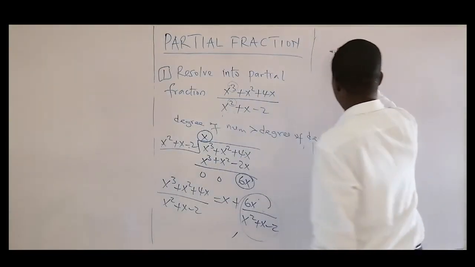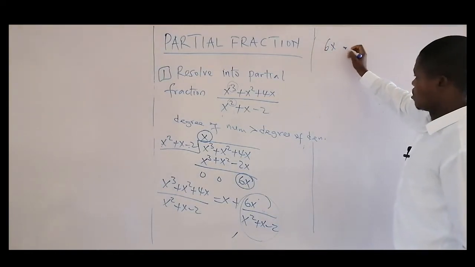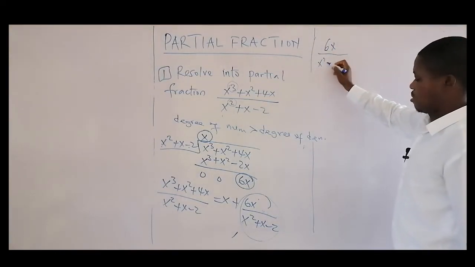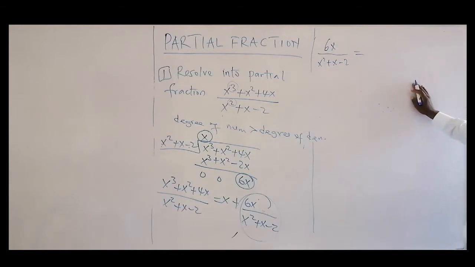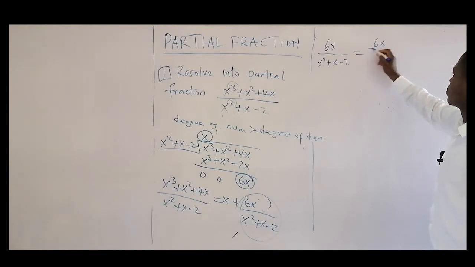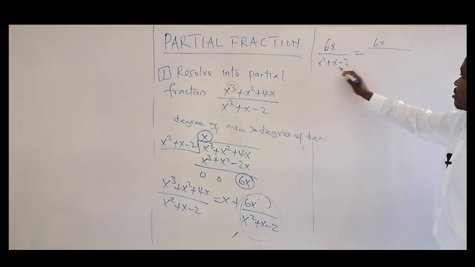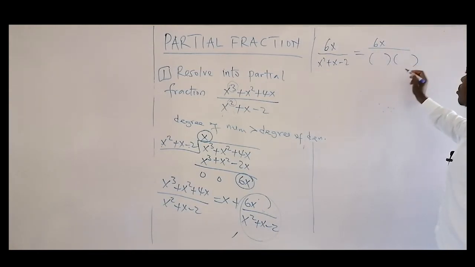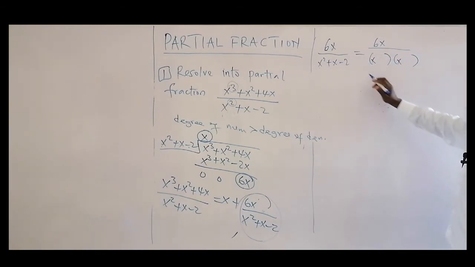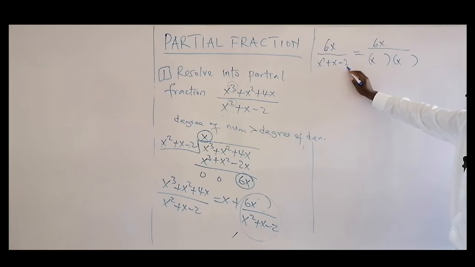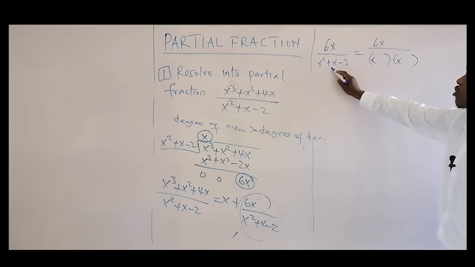So 6x over x squared plus x minus 2 will be equal to, let's see, we can factorize this. This x squared, 1 here, 1 here. Factors of 2 are 2 and 1. How do you use 2 and 1 to get plus 1?